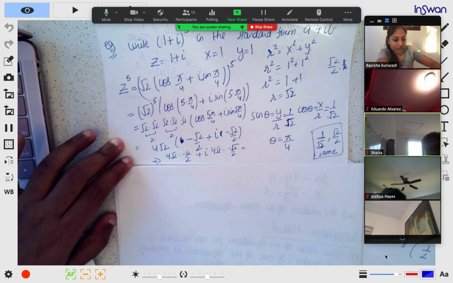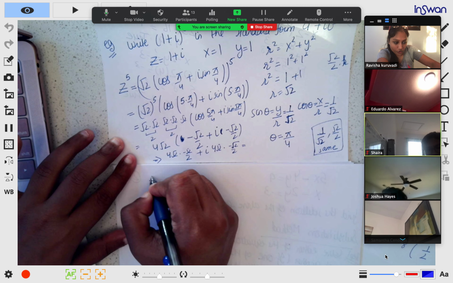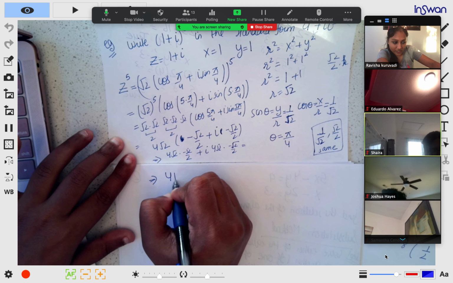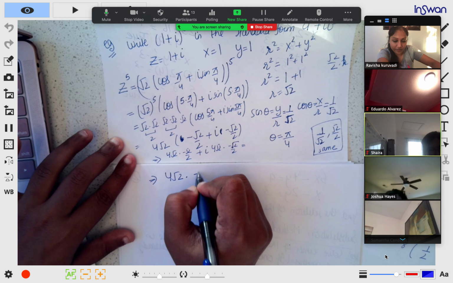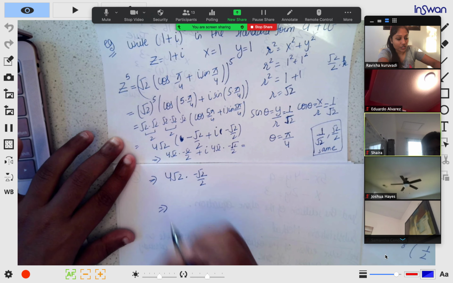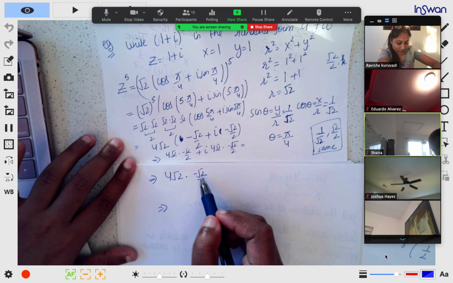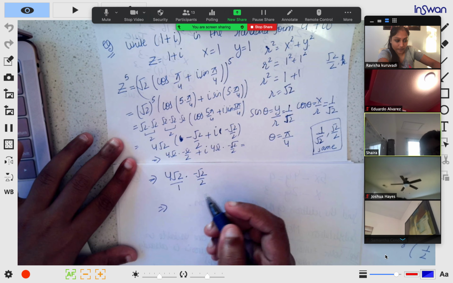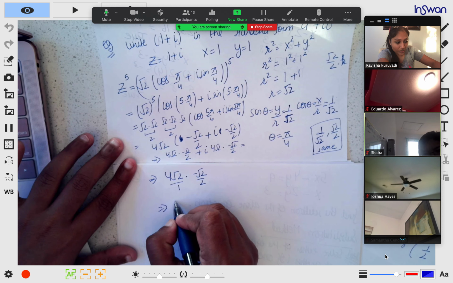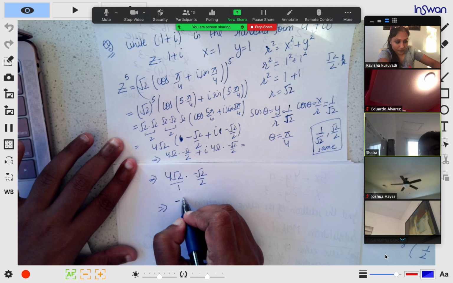Let's simplify the first one: 4 root 2 times negative root 2 over 2. Shaira, what is root 2 times root 2? 2.